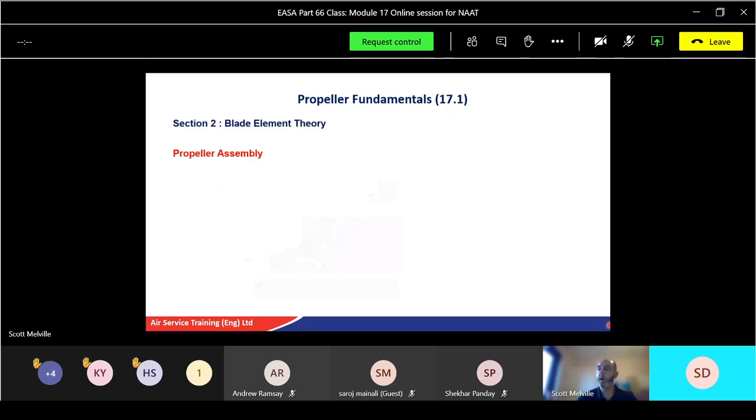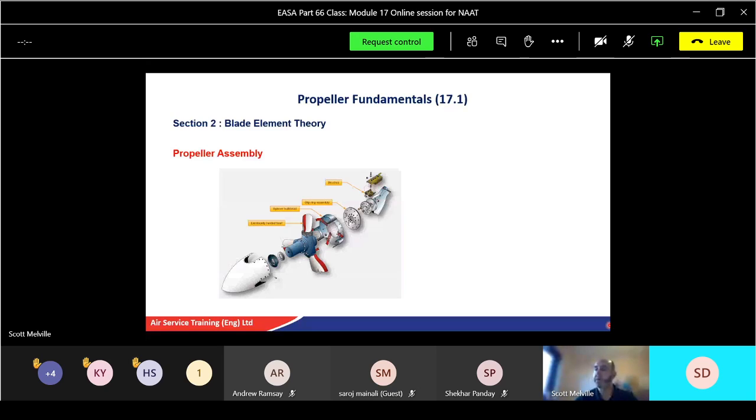Okay. And there's a better diagram of some of the parts we've got there. So at the front, we've got a spinner, got some sort of cones, again, we mentioned these later on. Some sort of de-icing system, electrically heated. Spinner bulkhead. Your slip ring assembly. There's the brushes for your electrical contacts.